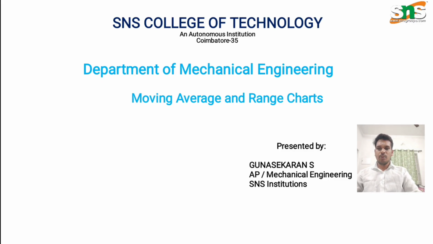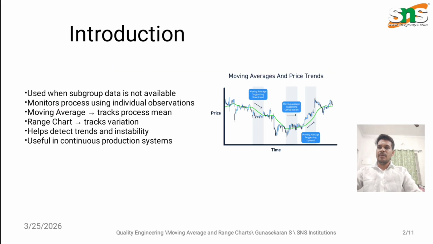Now we are seeing about moving average and range charts. First, moving average and range charts are statistical tools used in quality engineering to monitor process performance over time.